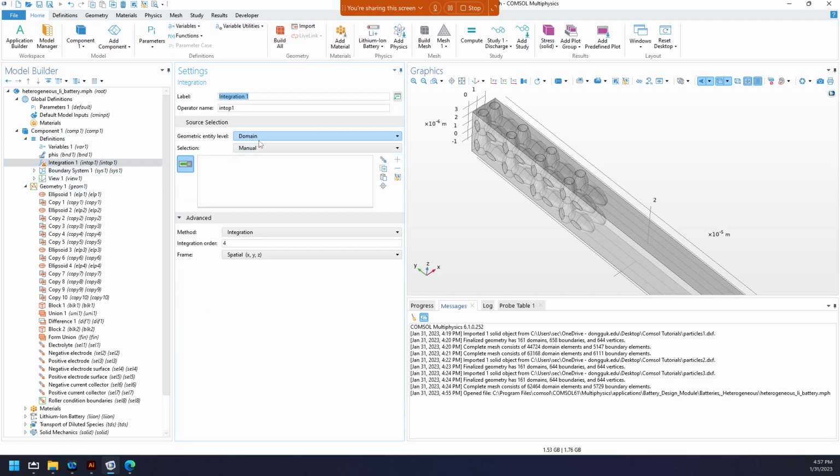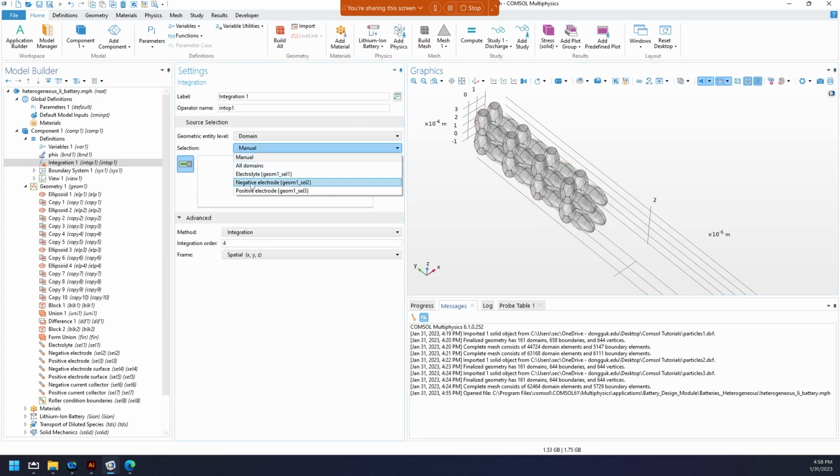In the integration, if we select domain, we can select this whole domain, or we can select from these selections, which we have already made inside the model. Then we select the negative electrode. Now if we apply this integration operator, it calculates the properties for this whole electrode, for all the particles, not just one particle.